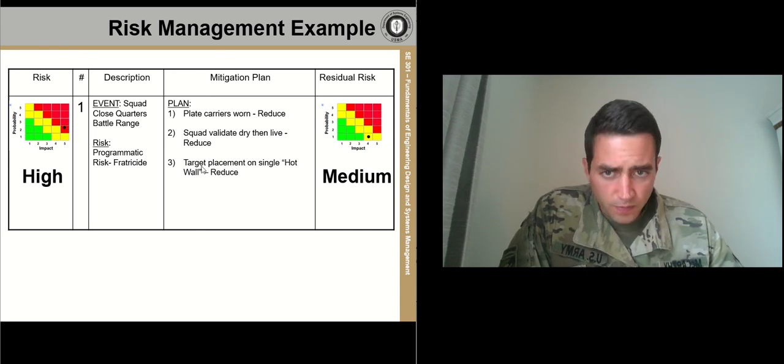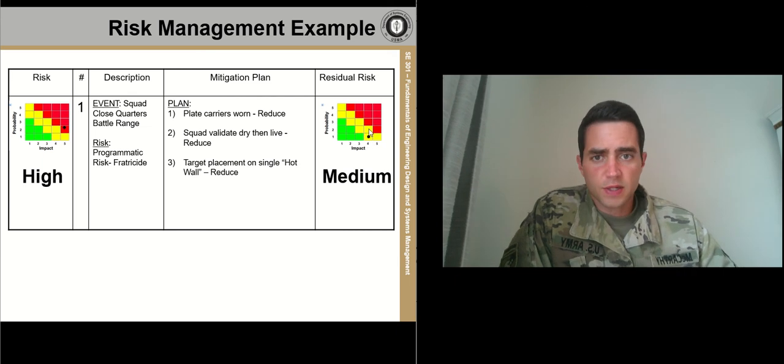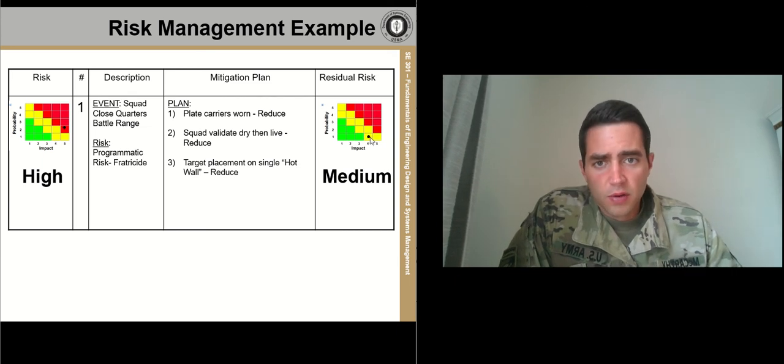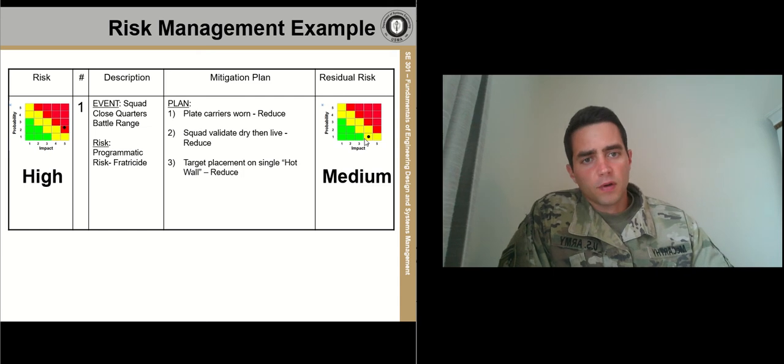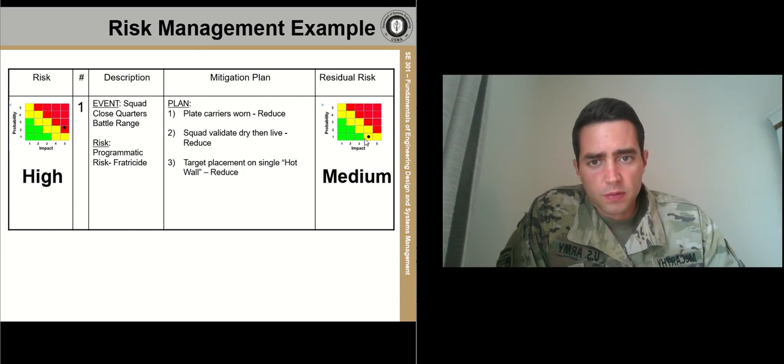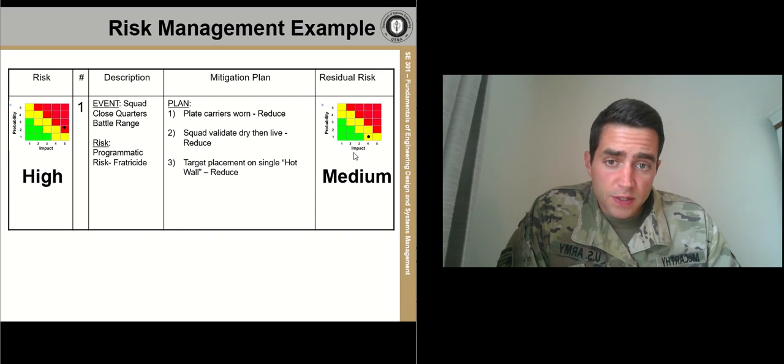So in general, or in total, what we've done, and this is all a subjective assessment based on subject matter expertise and other factors and historical information, but in general what we've assessed is by mitigating through these measures, we can move the risk to a 4 on impact and a 1 on probability. We can make it very improbable of occurring, and that will give us a residual risk of medium. And this residual risk of medium we will accept because there's no other way that we can mitigate it further.